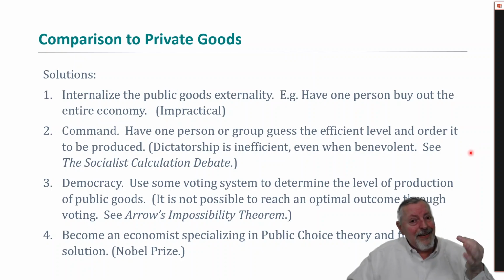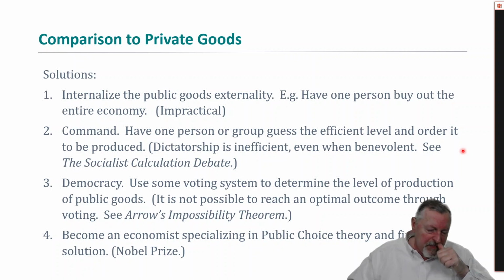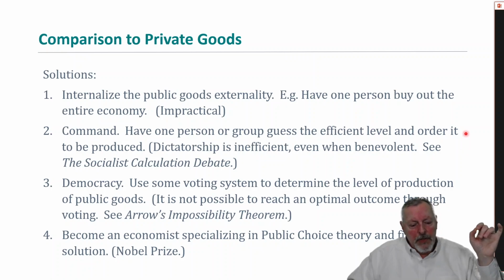But in econ, we have the concept of the benevolent dictator. Someone who has all power in a society to make all the economic choices, but is perfectly benevolent. The person wants to maximize the welfare of the society. Even with a benevolent dictator, it is impossible to reach the efficient level of provision of a public good, or efficient level of provision of private goods.